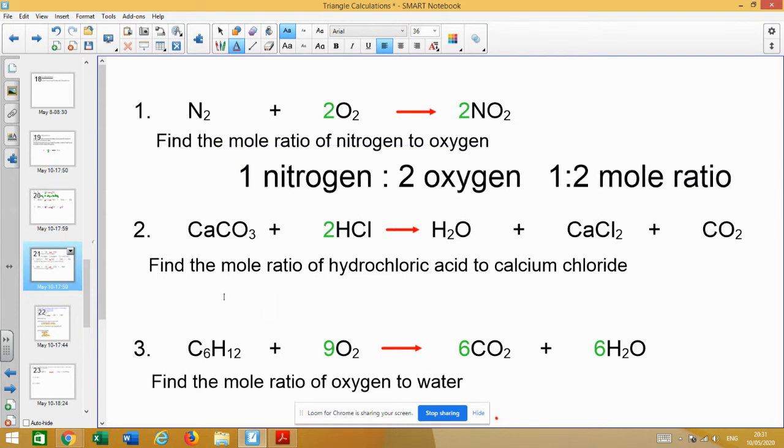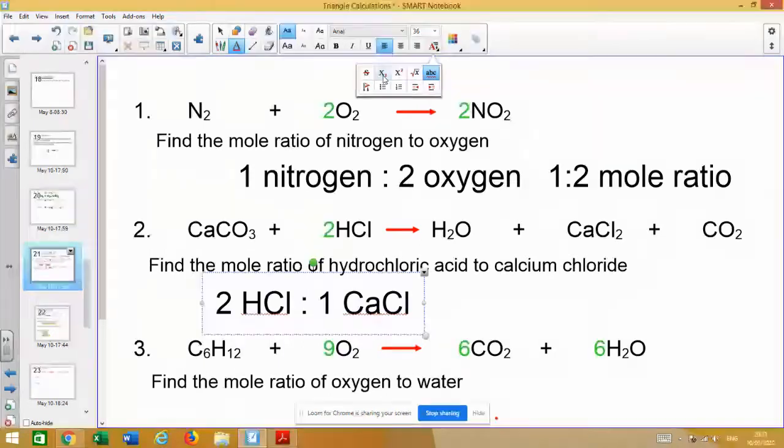Next example, you've got the mole ratio of hydrochloric acid to calcium chloride. So this time we've got a 2 HCl to 1 CaCl2, which is a 2-to-1 mole ratio.